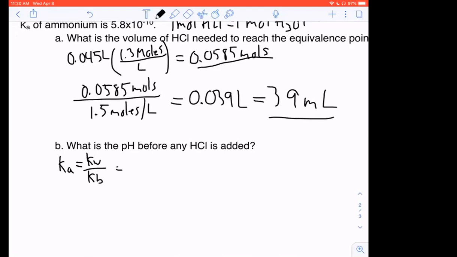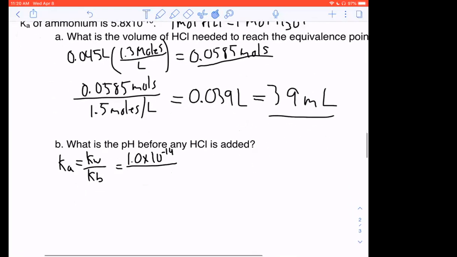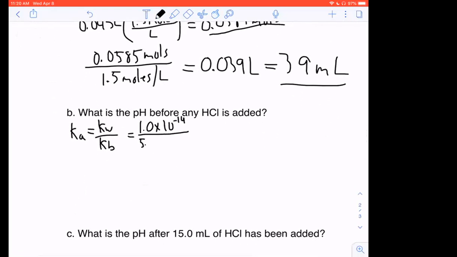So we do 1.0 times 10 to the minus 14 divided by 5.8 times 10 to the minus 10. That means you should get the Kb to equal 1.724 times 10 to the minus 5.